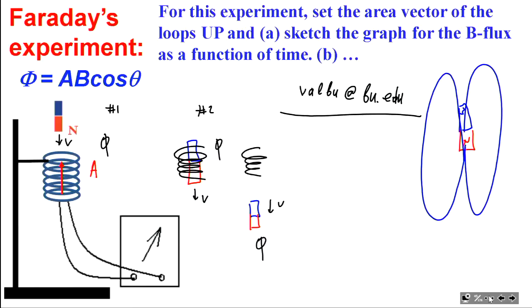Not all magnetic field lines travel through the coil, of course, only long ones. Here, magnetic field vector and area vector are opposites, so flux will be negative.